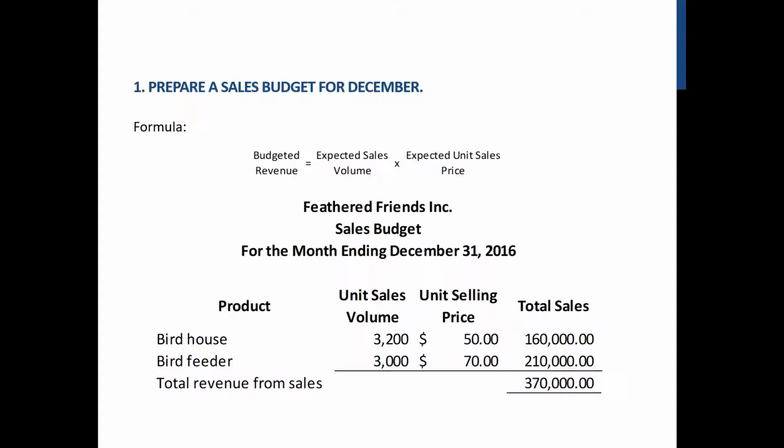Multiply it with the unit selling price of $70. The total sales would be $210,000. So the total revenue from sales for both the birdhouse and the bird feeder for Feathered Friends Inc. will total to $370,000 of revenue from sales.